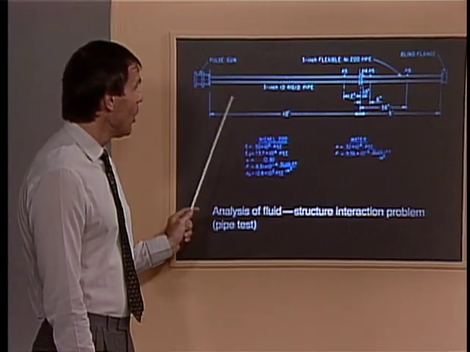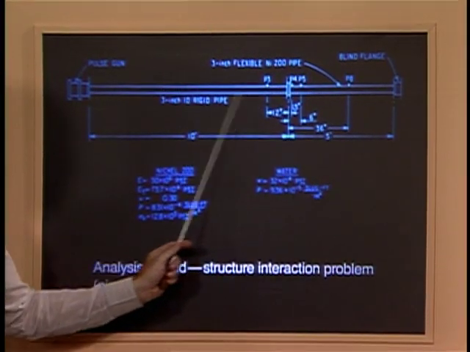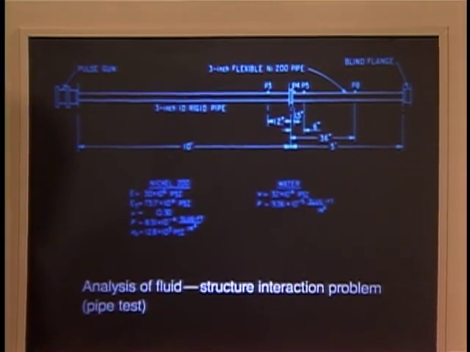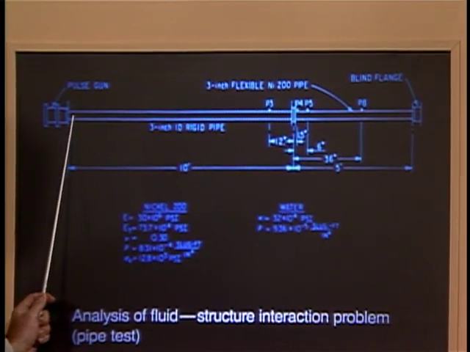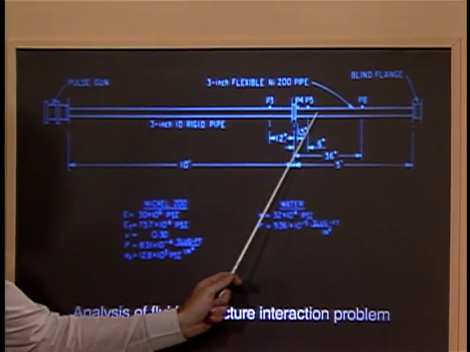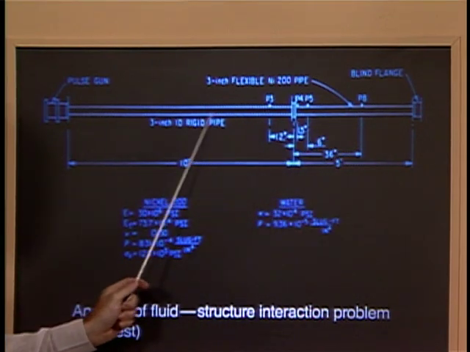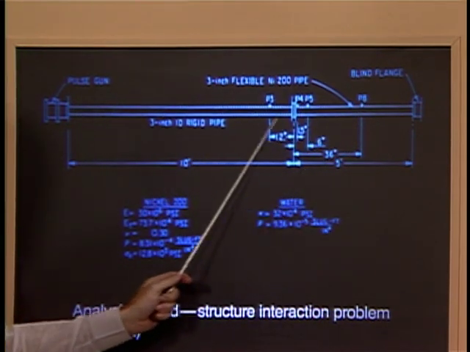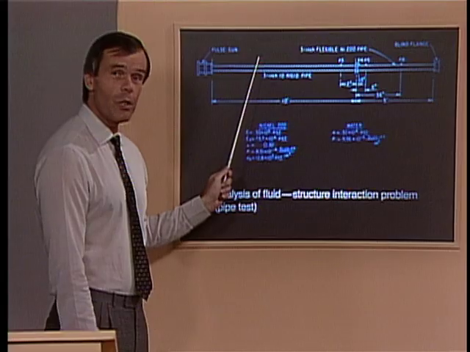The next slide now shows the analysis of a problem for which we had experimental results to compare with. Here we have a pipe, a very rigid pipe, and a flexible pipe, a nickel pipe here. And these pipes, both being straight, are filled with water, totally filled with water.